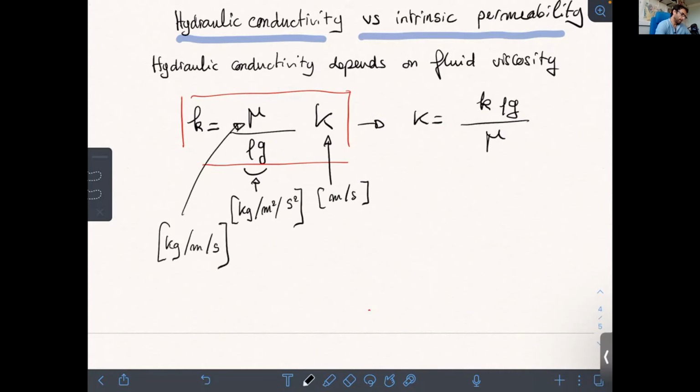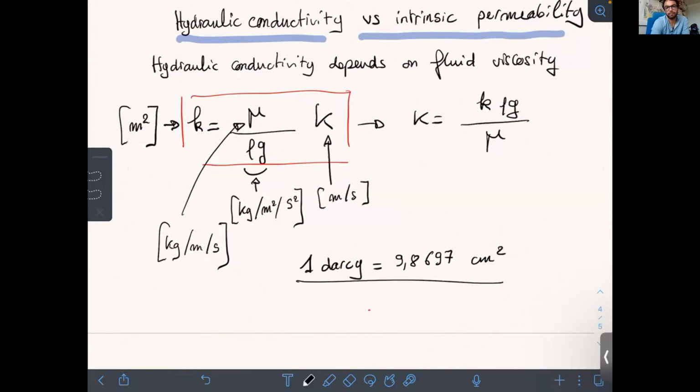And there is another unit that is often used in a reservoir, the unit of the Darcy. So 1 Darcy is 9.8697 times 10 to the minus 9 centimeters squared. So it's also a unit for intrinsic permeability.